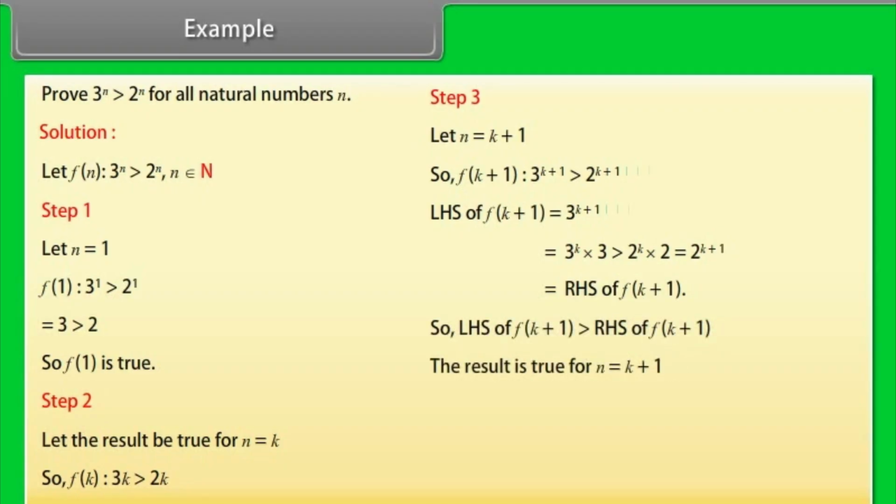So, the result is true for n = k + 1. Step 4. By principle of mathematical induction, 3^n is greater than 2^n for n belongs to capital N.